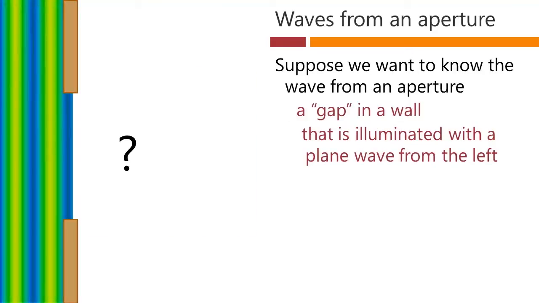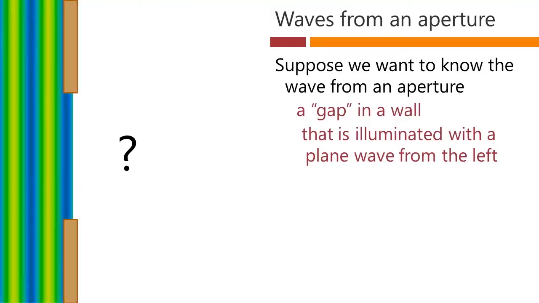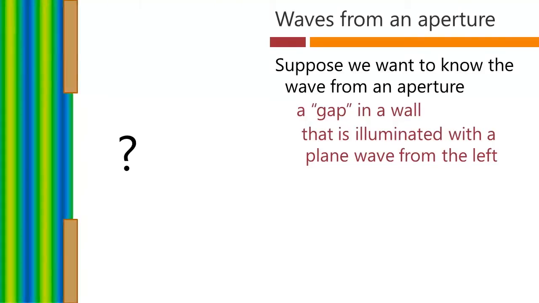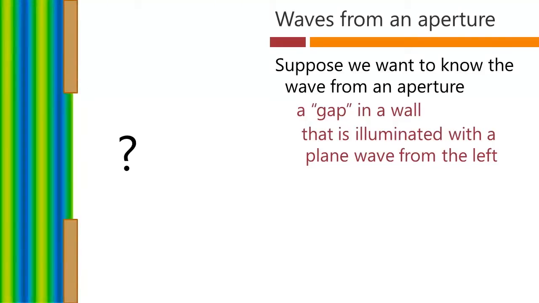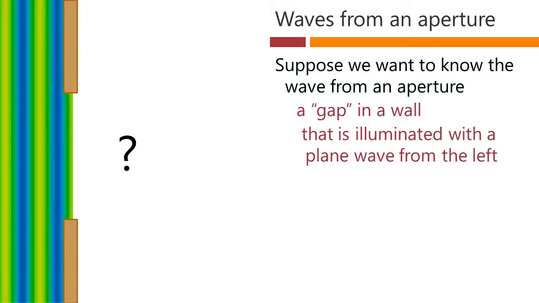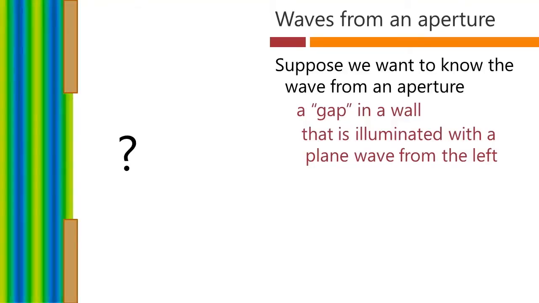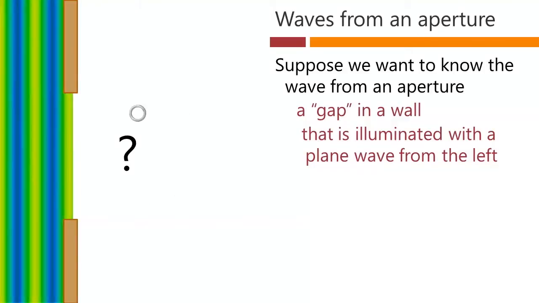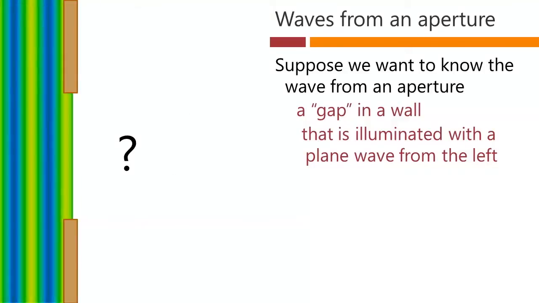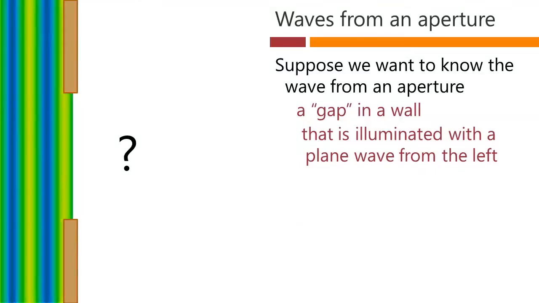Suppose then that we wanted to know the answer to the following problem. We've got some wall here, and there's an aperture or a hole in the wall, and we're shining plane waves at this wall from the left. What do we get out here, and how can we understand that in terms of diffraction theory?